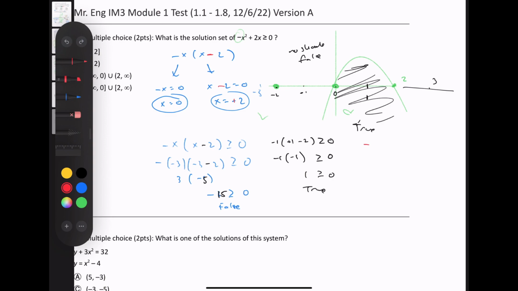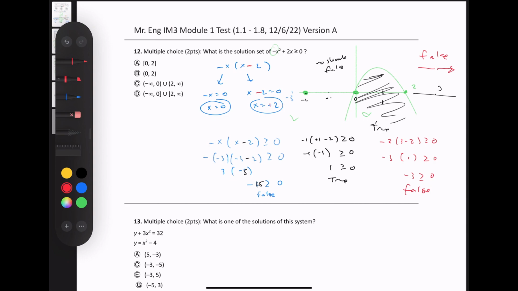So the opposite of 3 is -3. -3 minus 2 is -5. -3 is bigger than or equal to 0? This is false. So everywhere in this direction over here, this is false. And so the only interval is between 0 and 2, including it because it's a solid and you're including that inequality, so A is your correct answer.